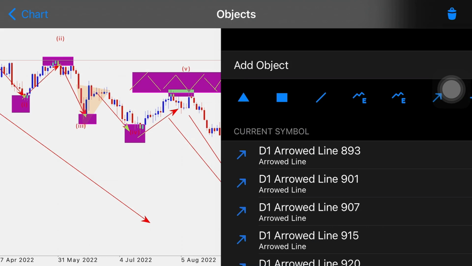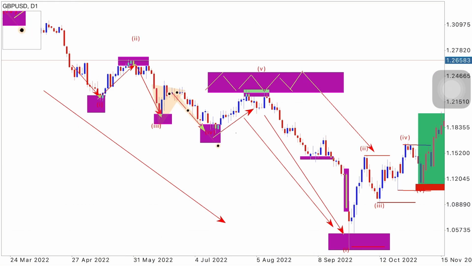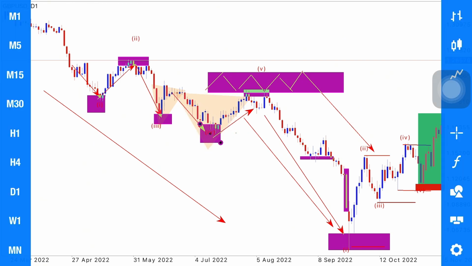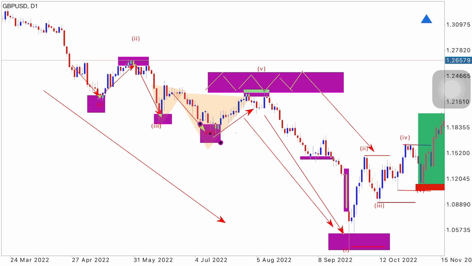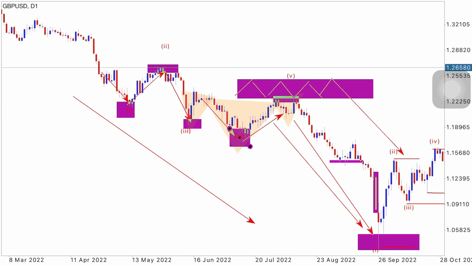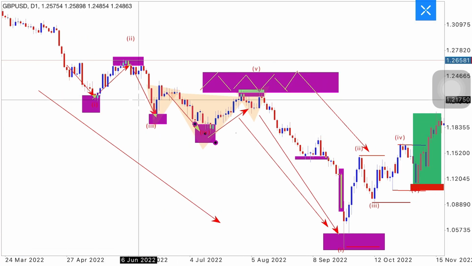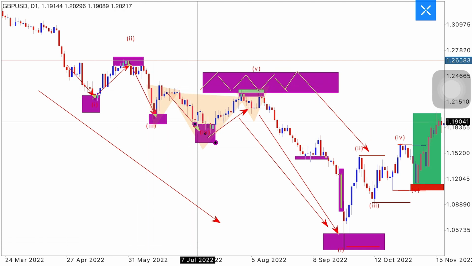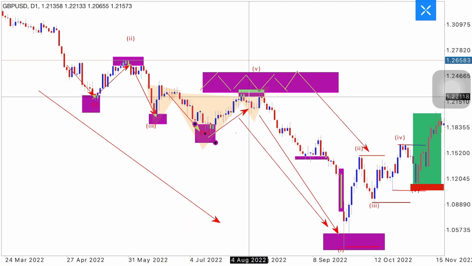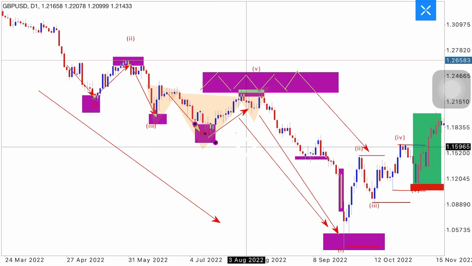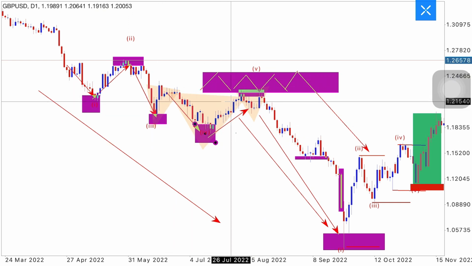Okay, so this is our left shoulder, this is our head, and this will be our right shoulder. This also led to the volatility inside this trade. As you can see, we have the left shoulder, the head, and the right shoulder here, which led into the market being in a high volatility state, because we have this structure built up.